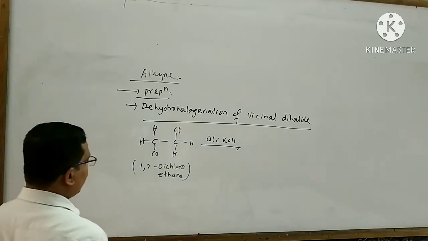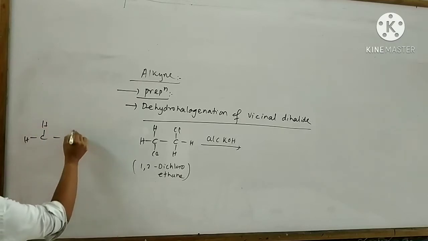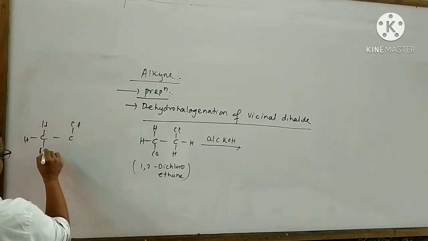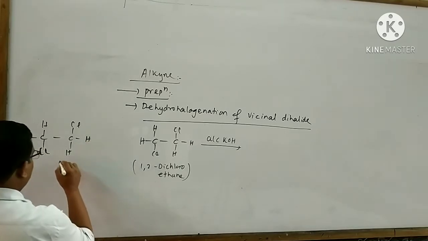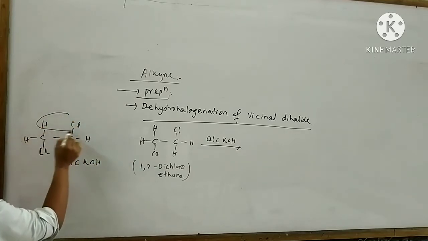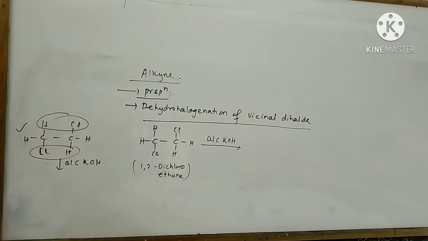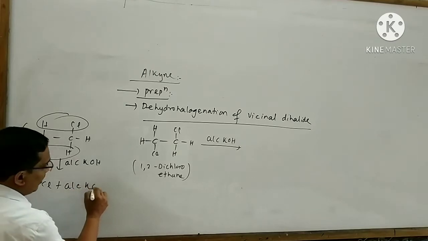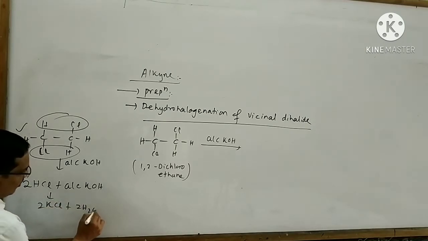Ethyne is formed. I want to do the rough work like this. This is said to be 1,2-dichloroethane. Then I will give alcoholic KOH. Then what will happen? Two molecules of HCl are removed from this compound, and these two molecules of HCl react with the alkali KOH, giving 2 KCl and 2 molecules of water.